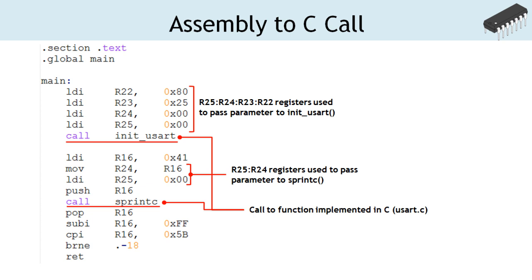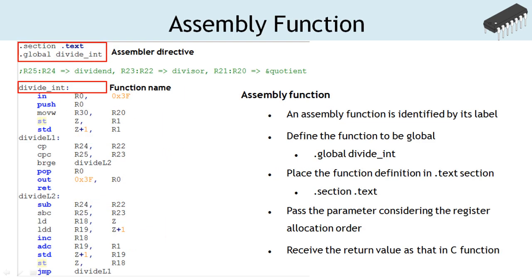The registers R25 through R22 are used to pass the baud rate, and the function sprintc prints the character passed to it onto the serial console. Note, the register pair R25 and R24 is used to pass the character even though the character data type uses only 1 byte.